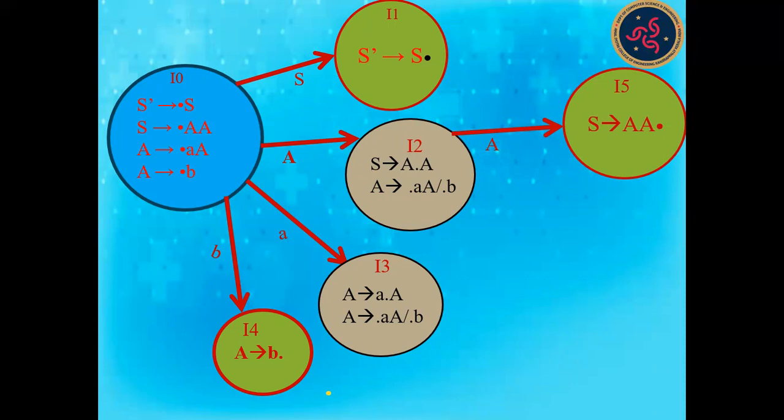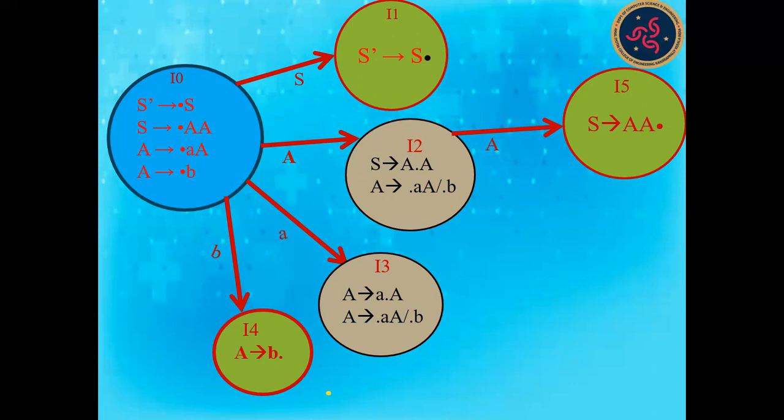Okay. So again, I can have another input, right? Here there are two more productions in the state I2. So I can have a letter A or a B letter. First we can consider the terminal A. If we got a terminal A, then it need not move to a new state.